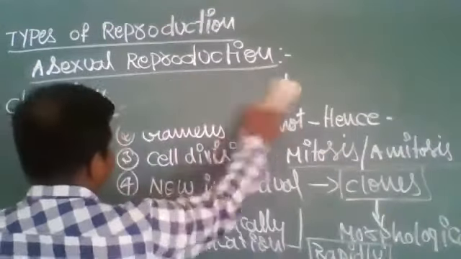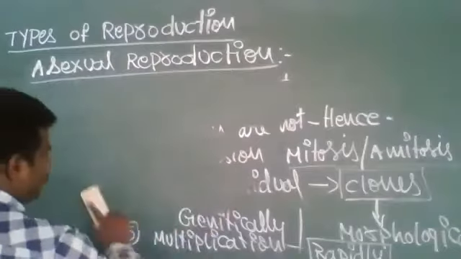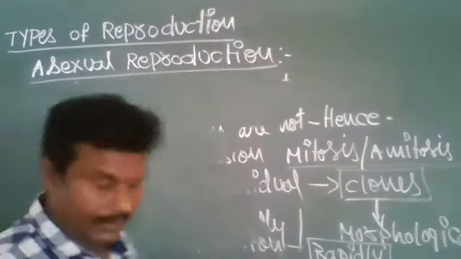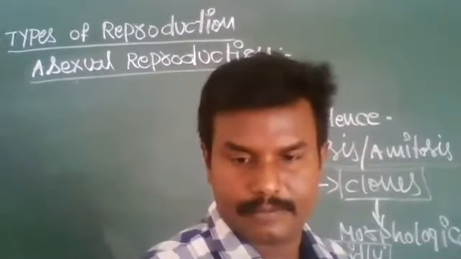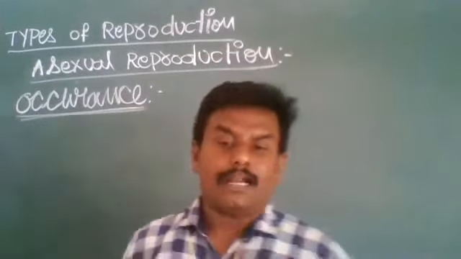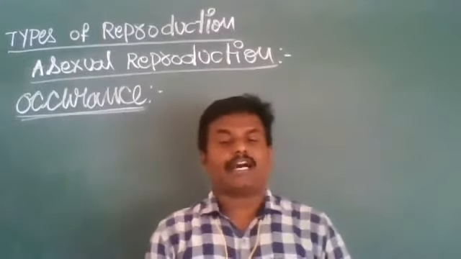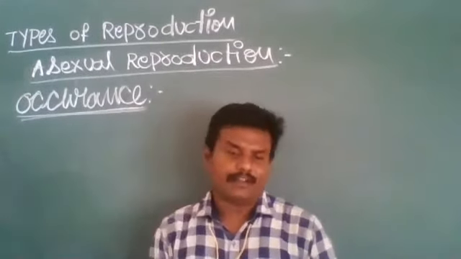Now, occurrence. Asexual reproduction occurs in many organisms.